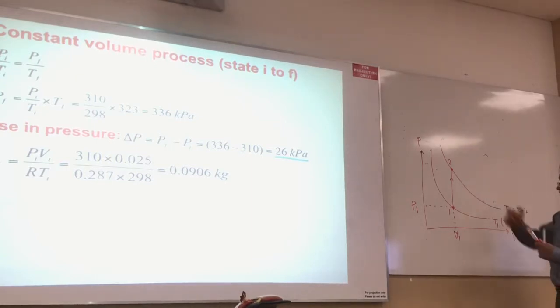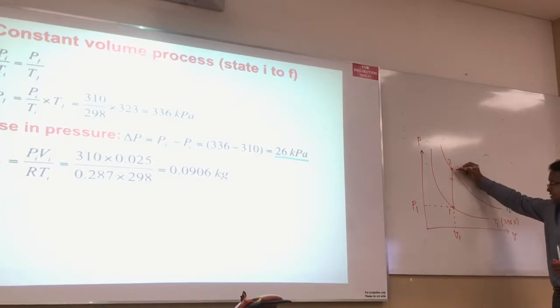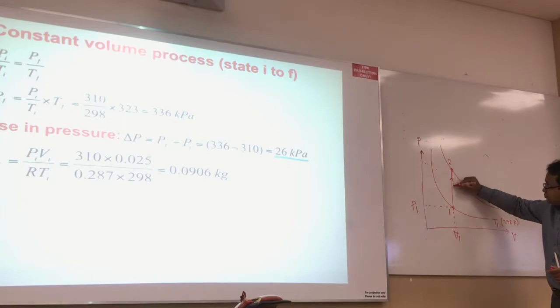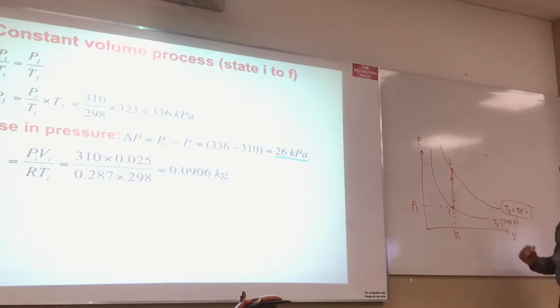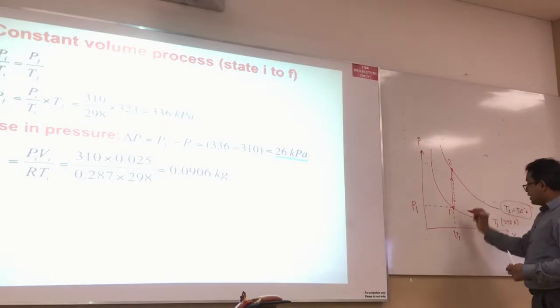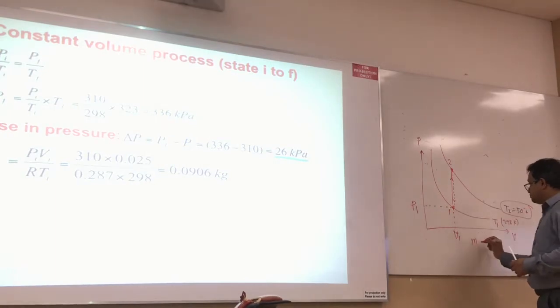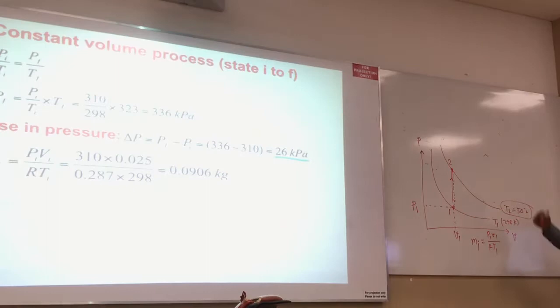Now I release the pressure. That means the pressure decreases from 2 back toward 1. At that point I can calculate the mass: M1, the initial mass, is P1 V1 by R T1.